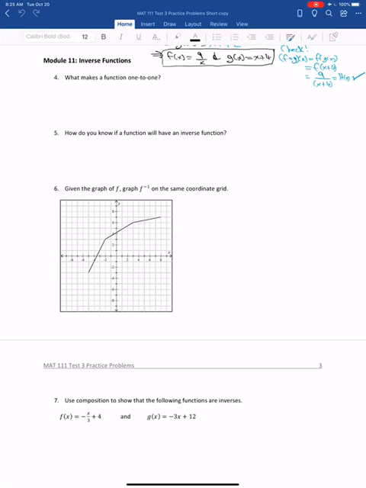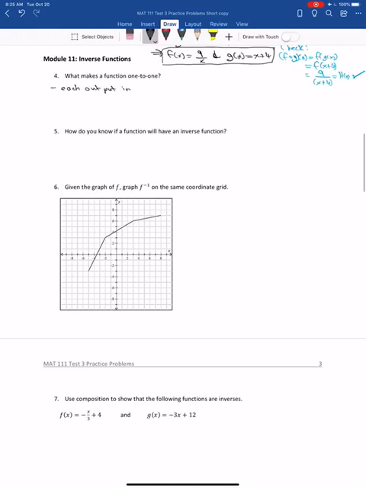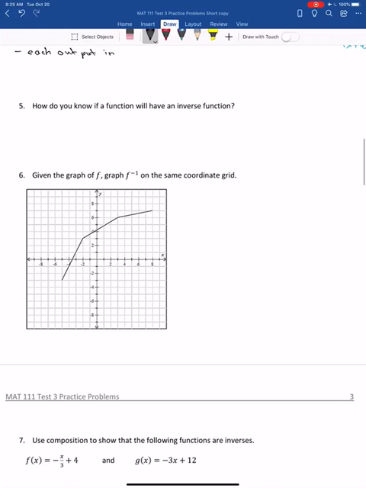Each output in the range corresponds to exactly one input in the domain.